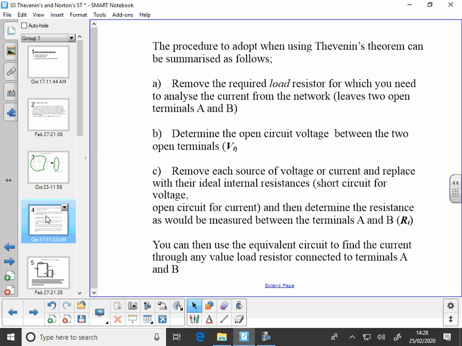Then, first, determine the open circuit voltage between the terminals after having removed the load resistor. That becomes your Thevenin's voltage.